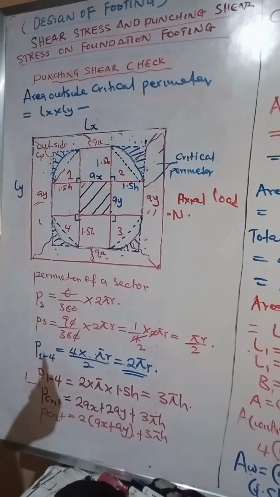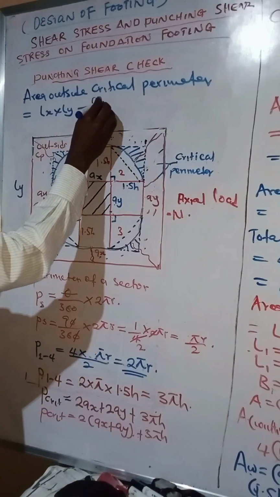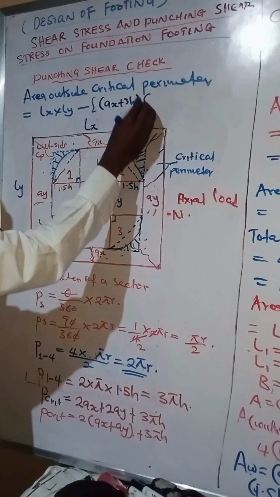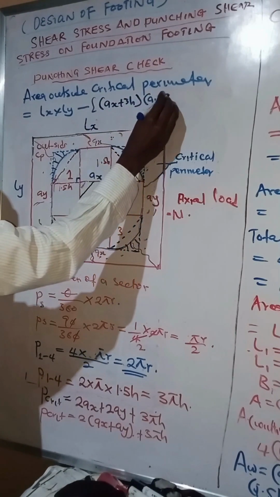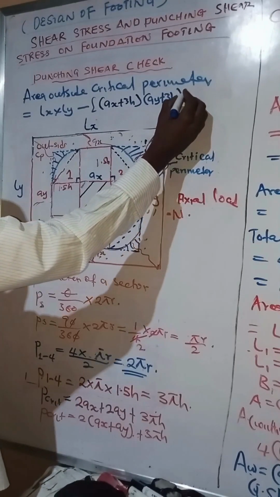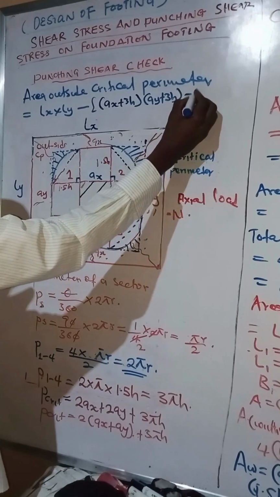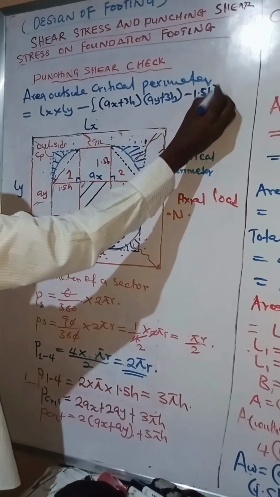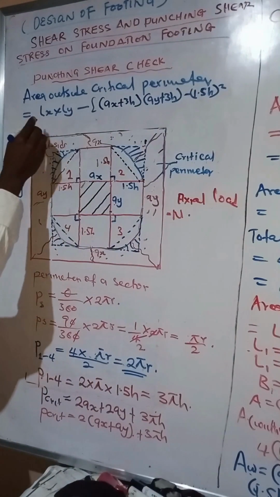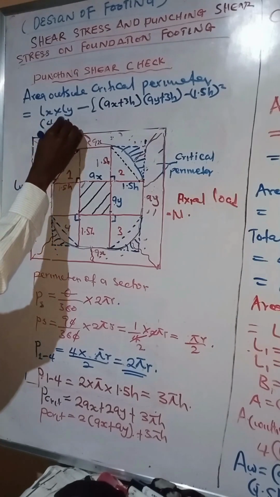And we'll have the expression to be minus, we'll have AX plus 3H, AY plus 3H, minus 1.5H all square, minus 4 minus pi.